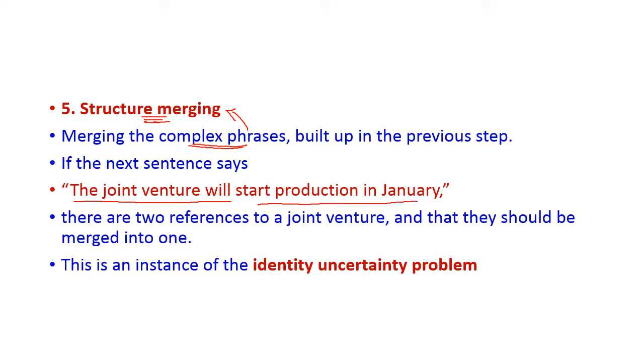Here there are two references to this joint venture, and they should be merged into one. Will start production is one reference, and in January is another one. So everything should be merged into one single sentence, and this is an instance of the identity uncertainty problem.